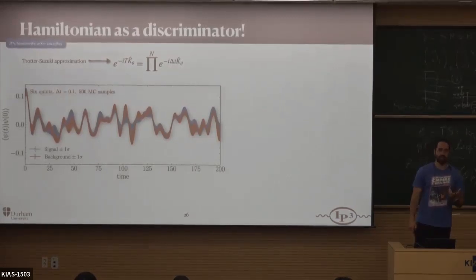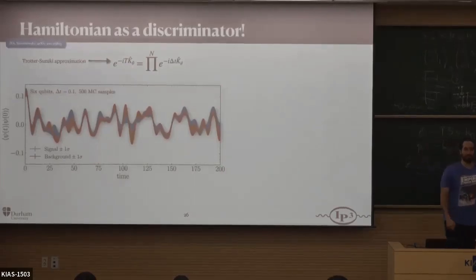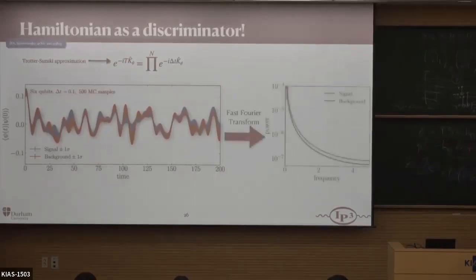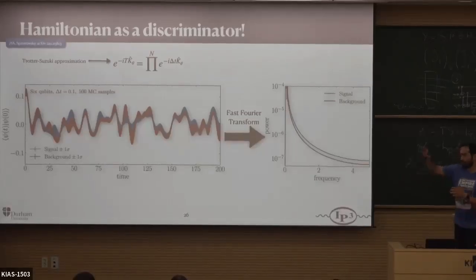So I asked my engineer friends, and they told me, well, it's obvious, just apply the fast Fourier transformation. If you look at the fast Fourier transformation, in the large frequencies, my two different fluctuations are completely different from each other.